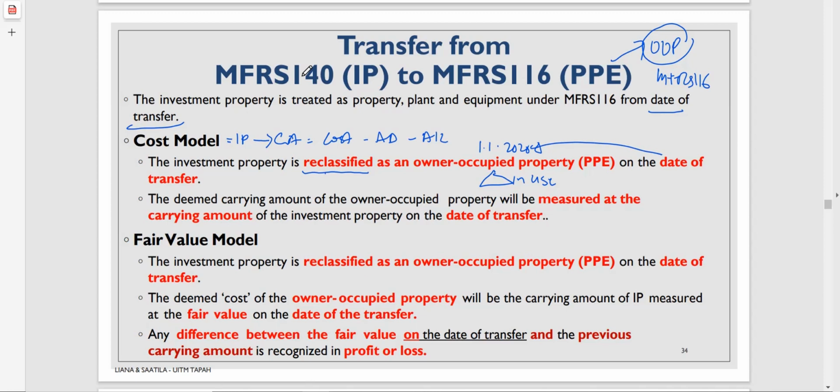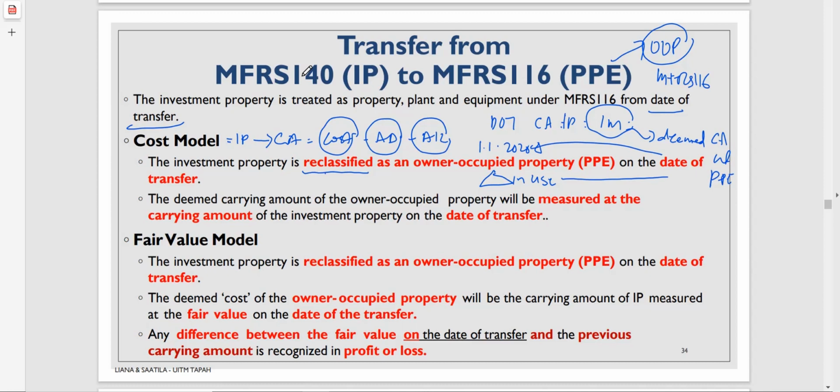The deemed carrying amount of the owner occupied property after the date of transfer would be measured at the carrying amount of the investment property. Let's say on the date of transfer, 1st of January 2020, the carrying amount of the IP is 1 million. Therefore, this 1 million will be the deemed carrying amount of the PPE.